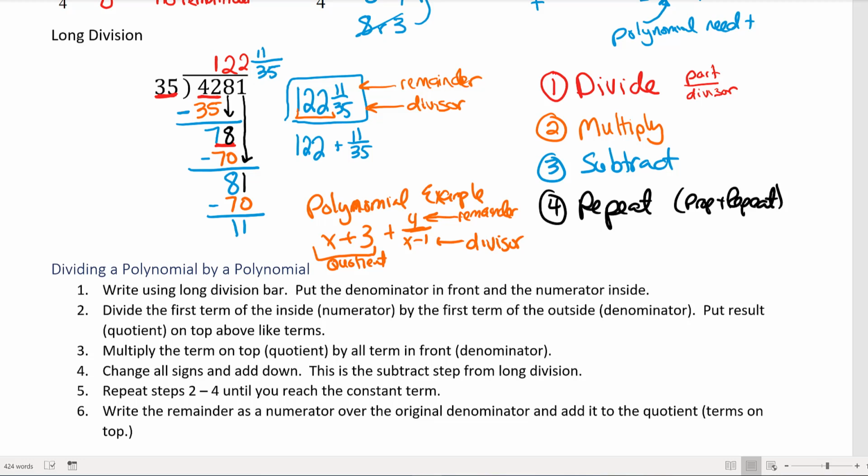And put the quotient on top. So that was your red D divide step, right? So D for divide. Then step 3 says multiply the quotient by the term in front, which is the denominator or divisor, okay? That was your orange step, multiply.